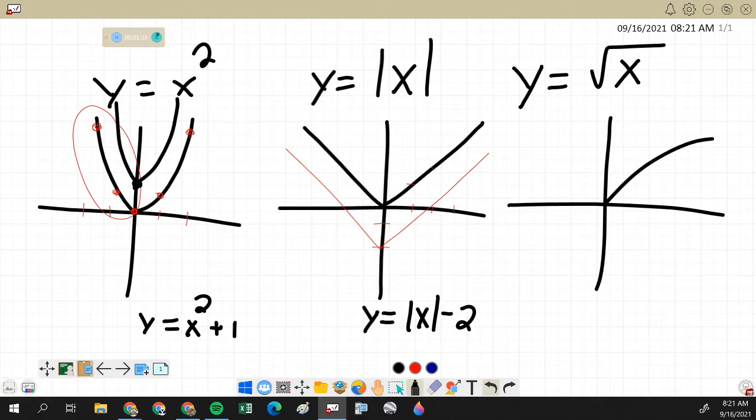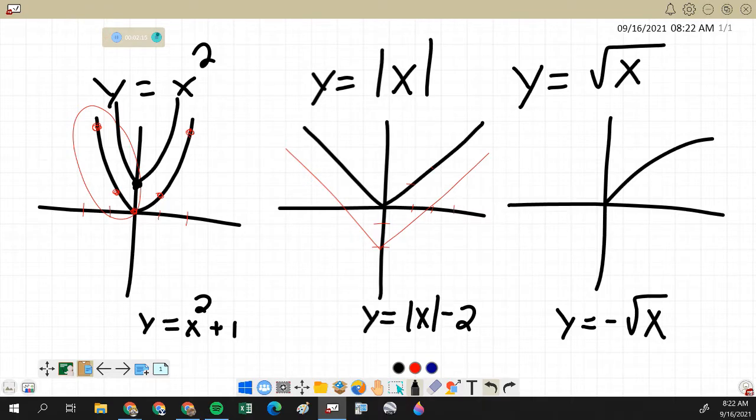Okay, what about y equals negative square root of x? What is that going to do? It's going to flip upside down. Good.